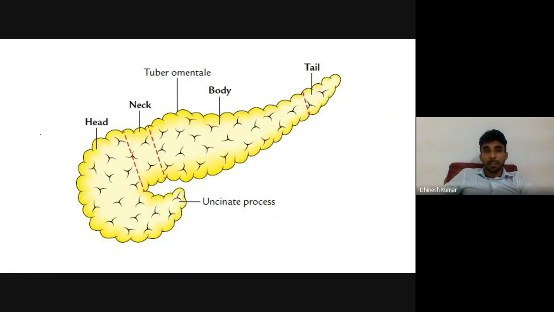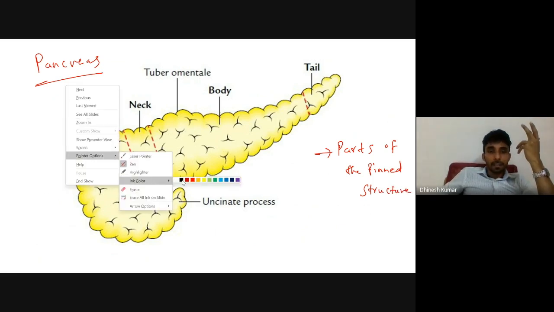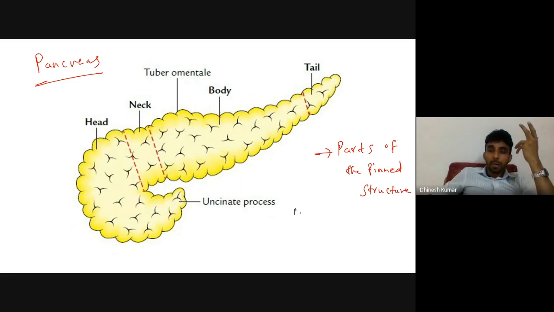Fine. Sometimes, related to the pancreas in the specimen, they may ask the parts of the pancreas, the pinned structure, or otherwise the blood supply of the pinned structure. What are the parts of the pancreas? The 4 parts, as you see in this image: head, neck, body, tail.